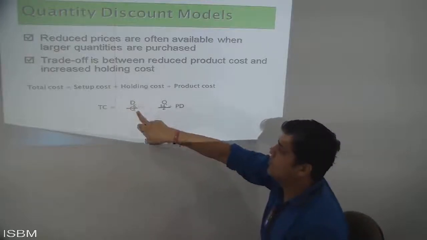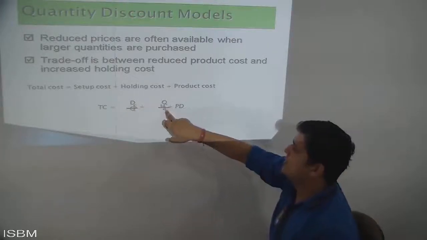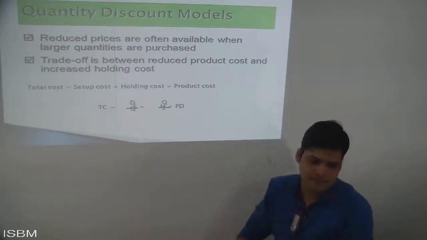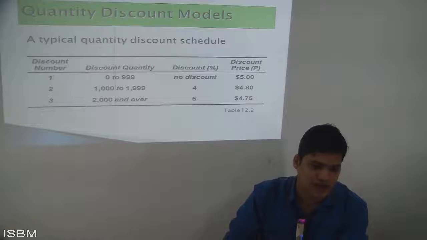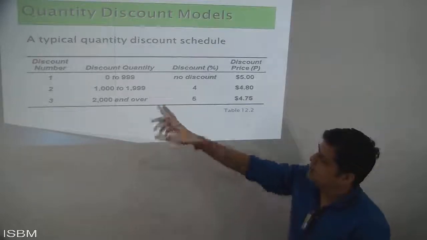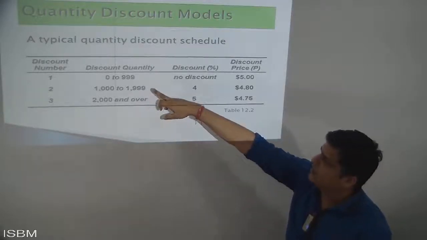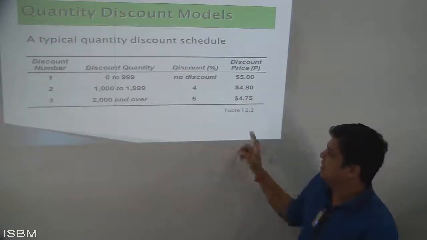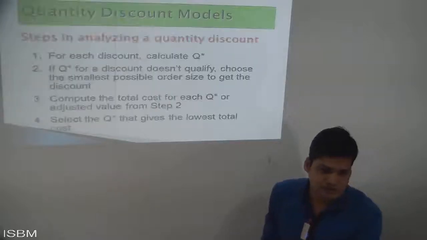So total cost becomes D by Q into S, plus Q by 2 into H, which is nothing but holding cost, plus PD, where PD is the production cost. A typical discount schedule has discount number 1, quantity 0 to 999, no discount, $5, and so on, written over here.